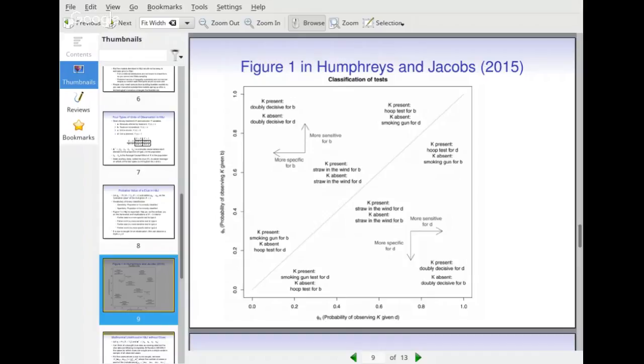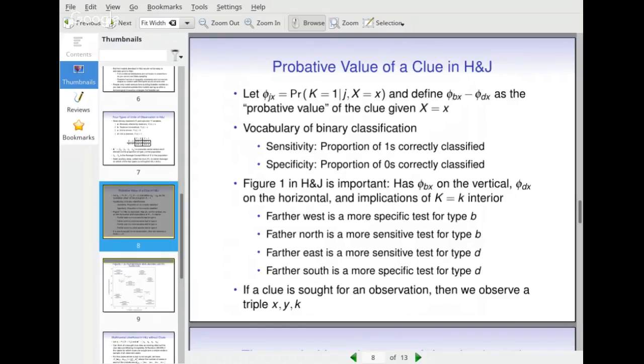Questions about this figure? Yes. Can you explain the difference between being more sensitive or more specific? Yeah. So sensitivity is a situation where, given the type J and the X, we could get all the K equal ones, we could guess those right.